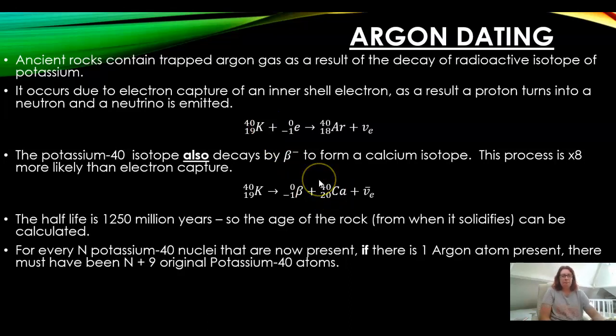So if you go and dig up a rock and there are 2 argons present, you would have had 2 argons, 16 calciums and 18 potassiums. So it's working on a ratio there.